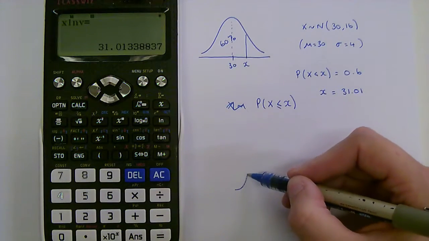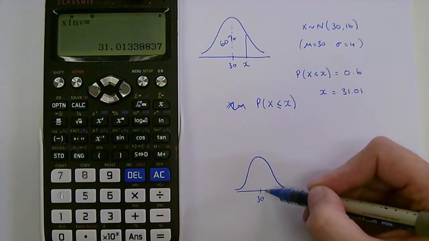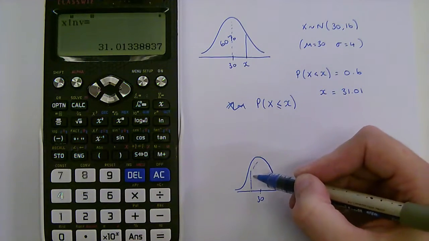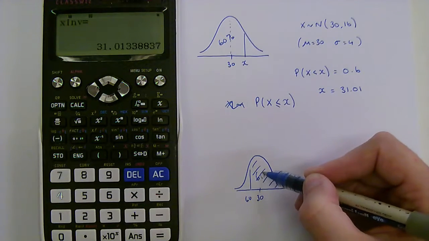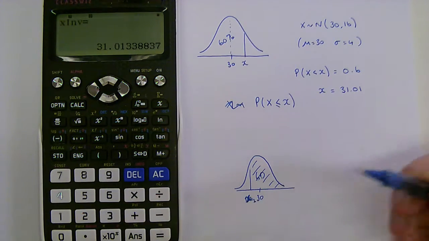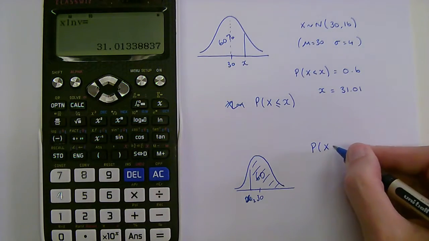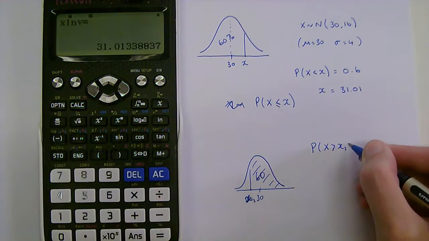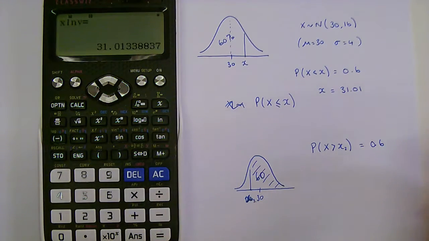If I reverse that and say, well, now I want to know what value would give me 60% here, what this value of x is, I call that x2. We're trying to work out the probability that x is greater than my little x2. We want that probability to be 0.6.